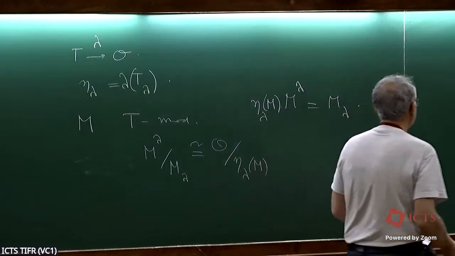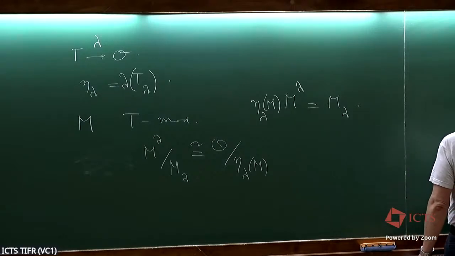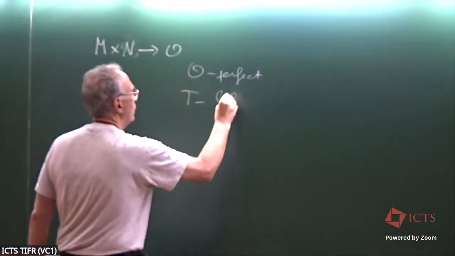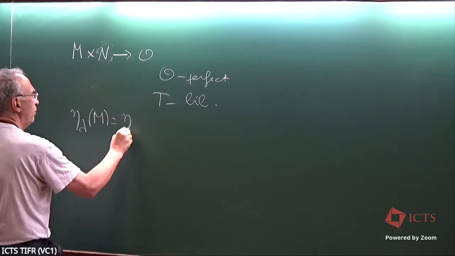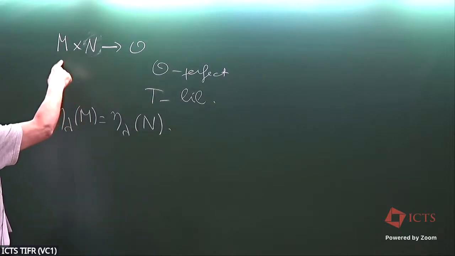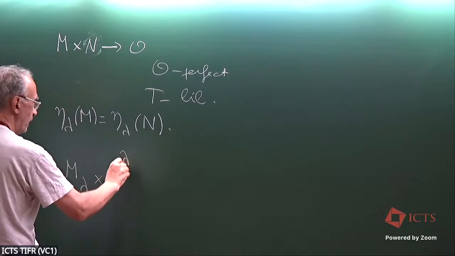We have seen that if we have a perfect pairing, O perfect and T bilinear, we have eta lambda of M equal eta lambda of N. And also that this pairing induces a perfect pairing between M lambda and N lambda.